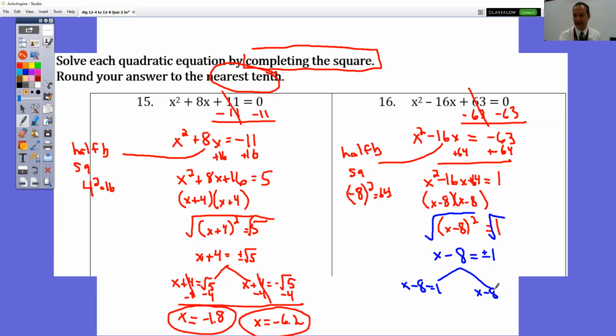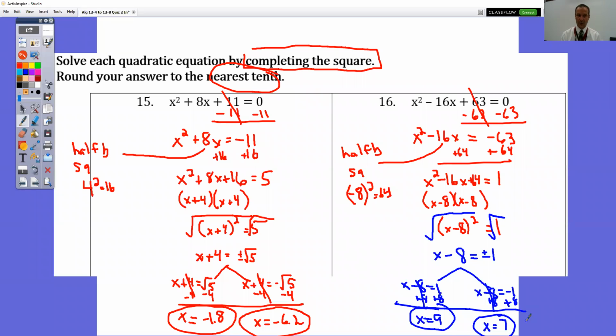X minus 8 equals negative 1. Plus 8, plus 8, plus 8, plus 8. Cancel out, cancel out. So I have x equals 9. And negative 1 plus 8 is 7. So I get 9 and 7.